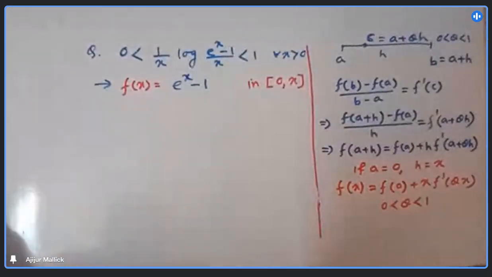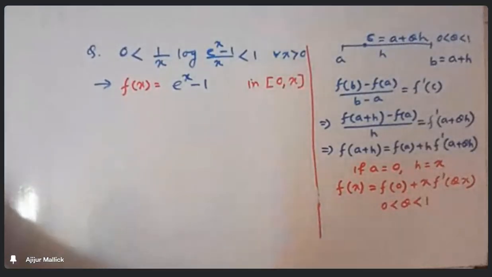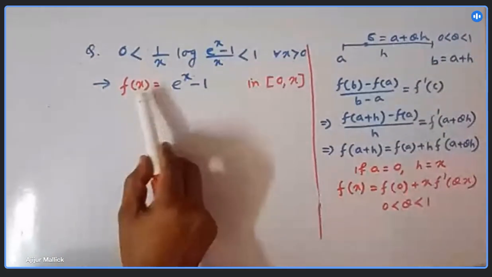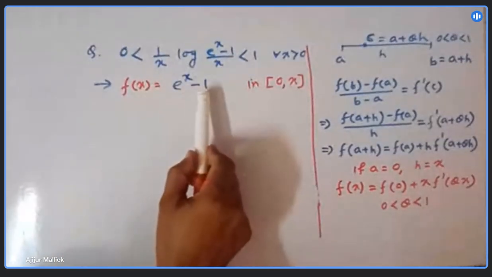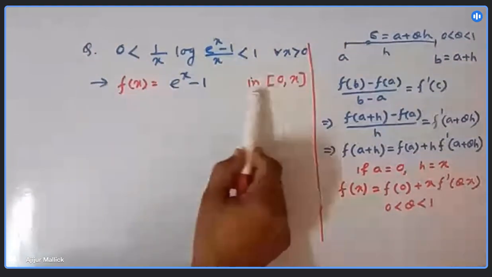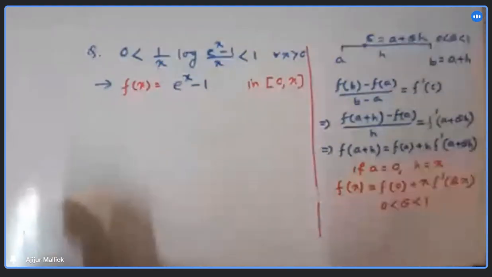Is it clear to all of you? Yes, sir. Now start. So f(x) is equal to e to the power x minus 1 in the closed interval [0, x].